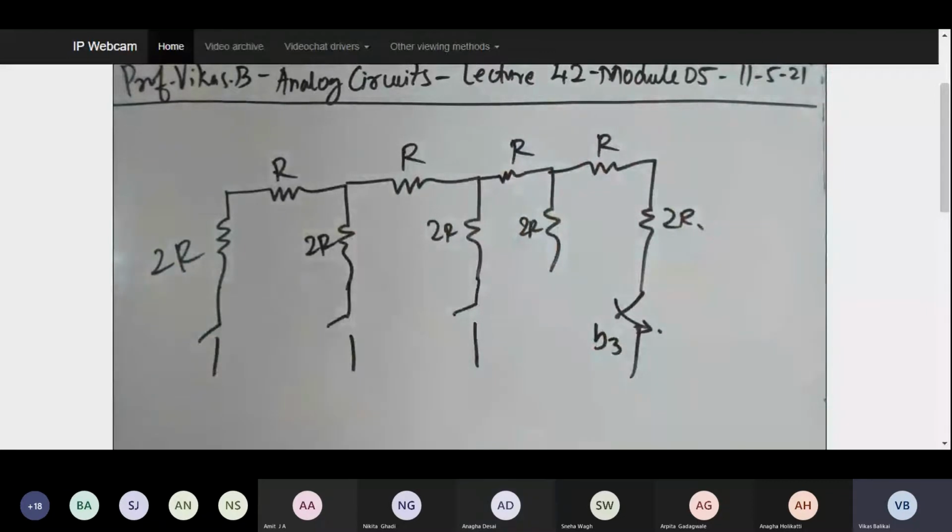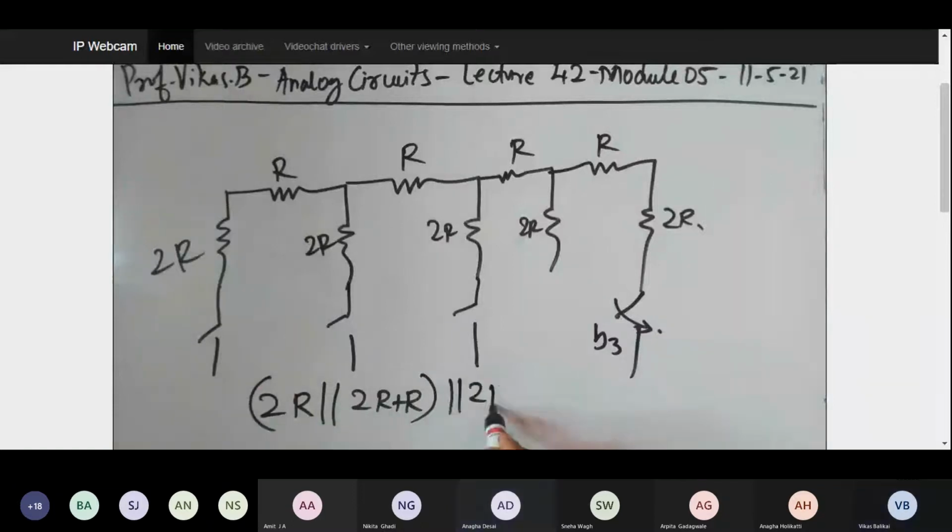The Thevenin equivalent resistance of this entire network, I wrote as 2R in parallel with 2R plus R. This in turn is parallel with 2R.